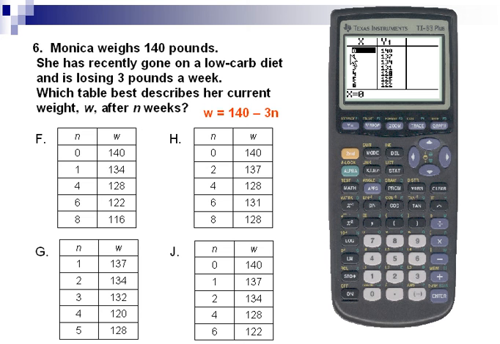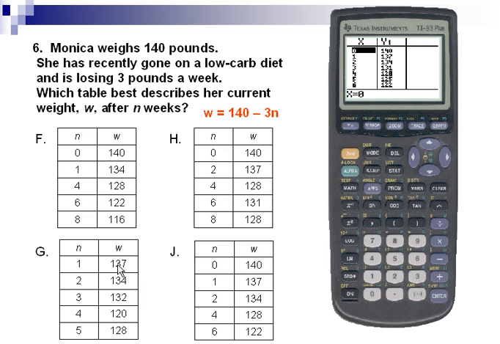H, we have 0, 140. Then it goes to 2. In table H, 2 is 137. In our graphing calculator, 2 should be 134. So H is not an answer.